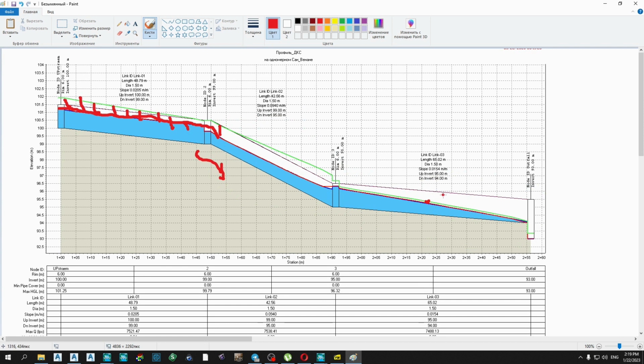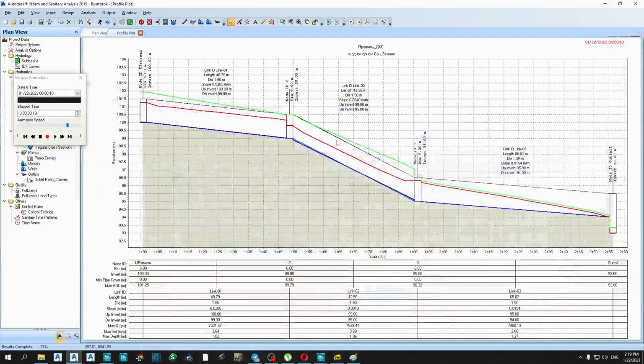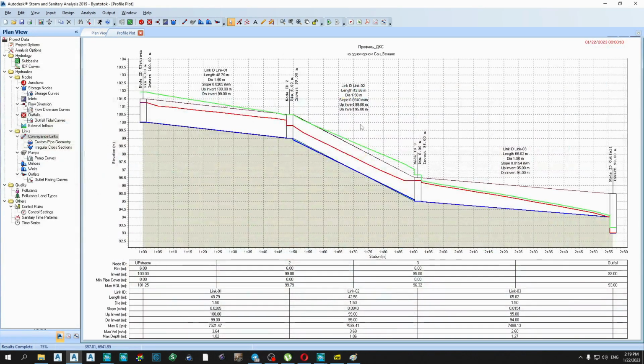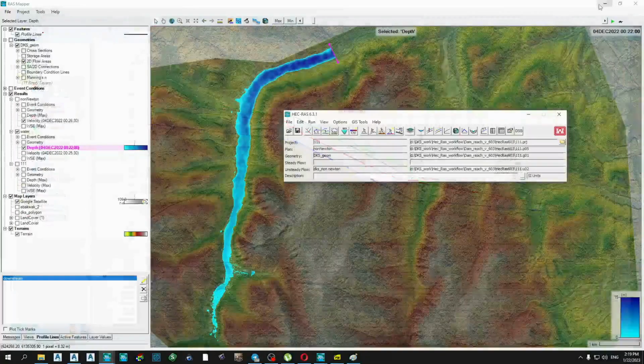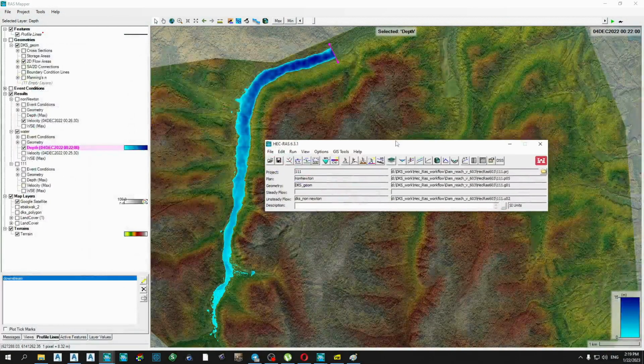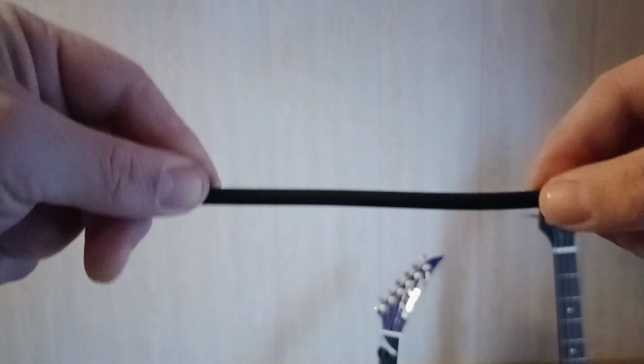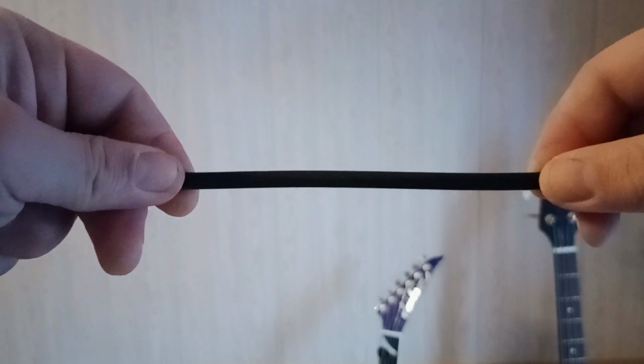And we need to understand that the slope of the green line cannot always be like the slope of the riverbed or the slope of the water surface. Now I want to show you how it works in a differential boundary value equation.